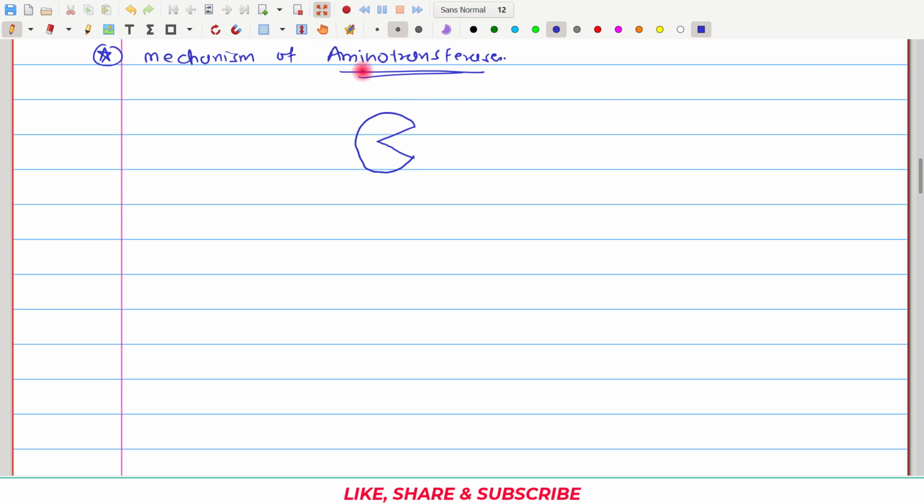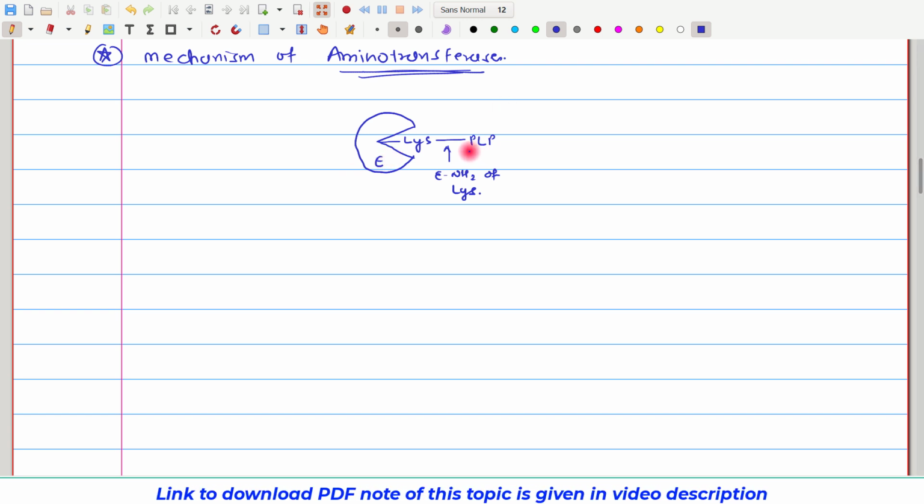In the active site of this aminotransferase, there is one lysine residue, and with this lysine residue there is an epsilon amino group, and with this epsilon amino group, pyridoxal phosphate or PLP is covalently bound. Here PLP is working as a coenzyme. Now, pyridoxal phosphate is nothing but the active form of vitamin B6.